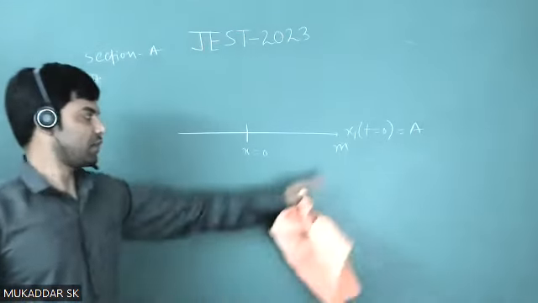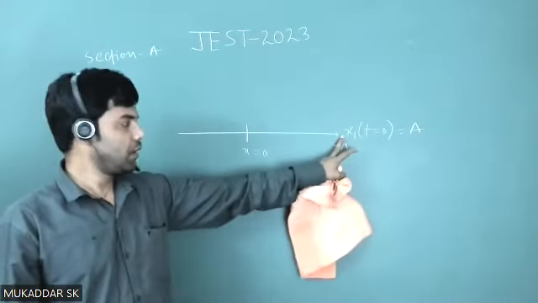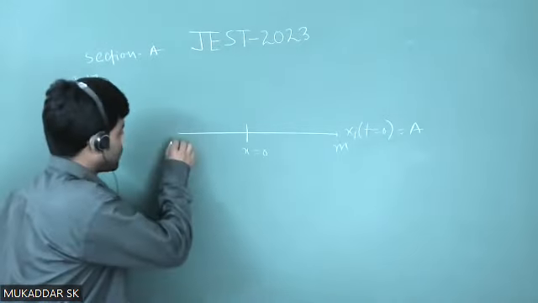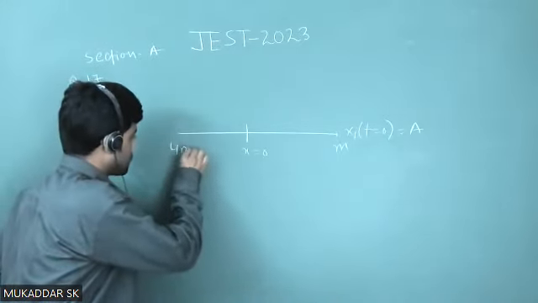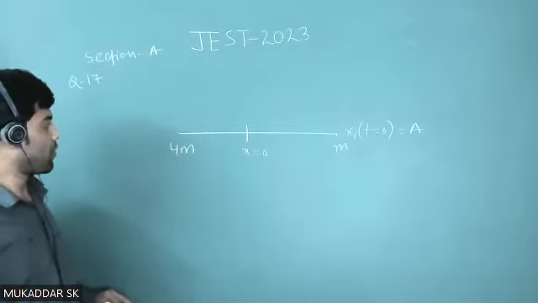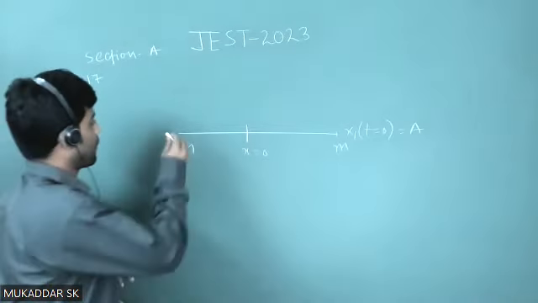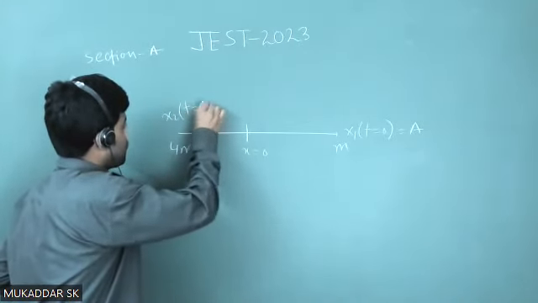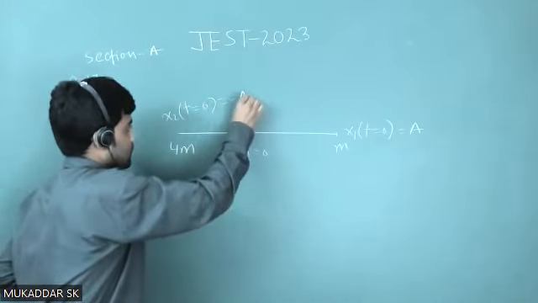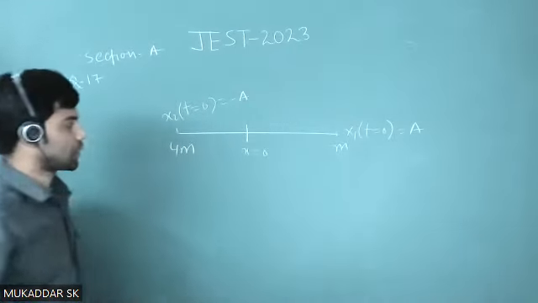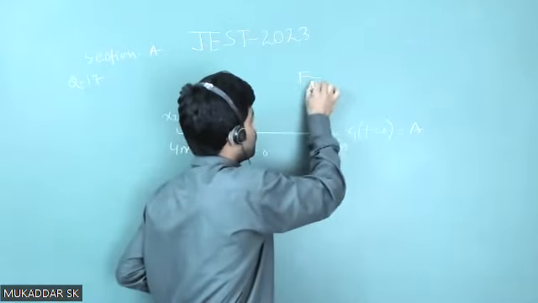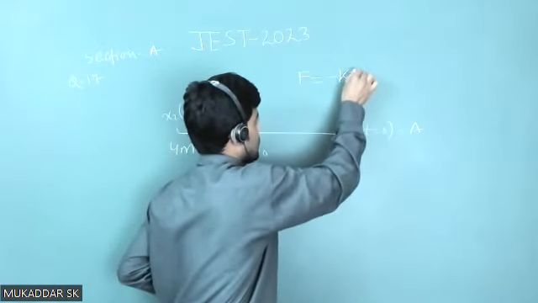I mean, this mass m starts its journey from the right extreme position. On the other hand, the 4m mass starts from rest at x at t equals 0 equals minus a. Okay, and they are subjected to this force F equals minus kx.